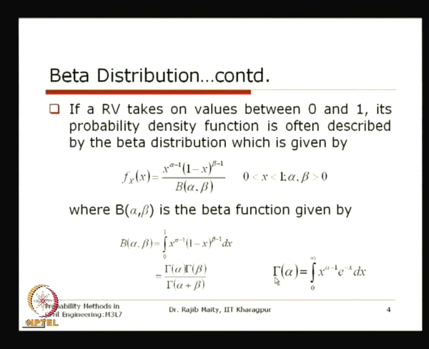It can be shown that if we know this integration value over the range 0 to 1, then the value of the gamma function can be calculated based on simple properties, and those properties we will discuss in detail when we talk about the gamma distribution. So, this gives the complete density function for the beta over the support 0 to 1.